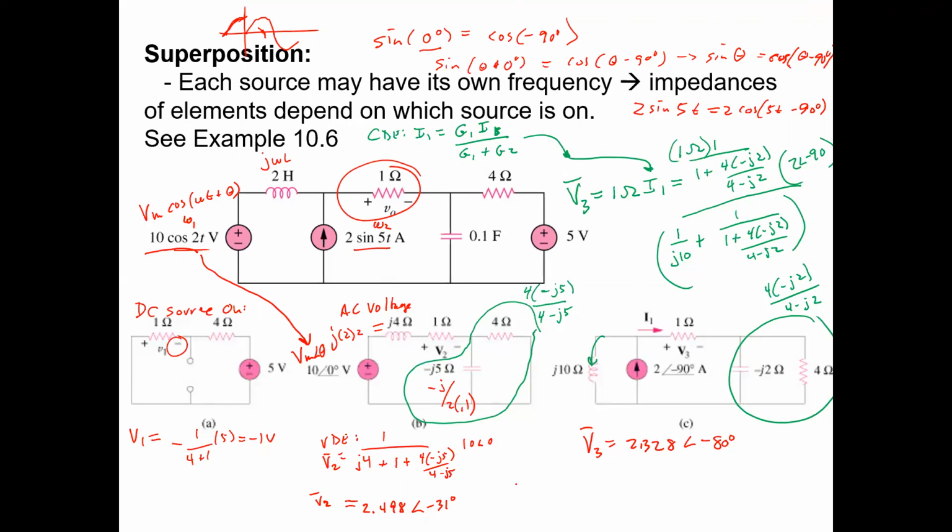What is this voltage here? Our total VO of T is going to be the sum of all these three parts, right, from superposition.